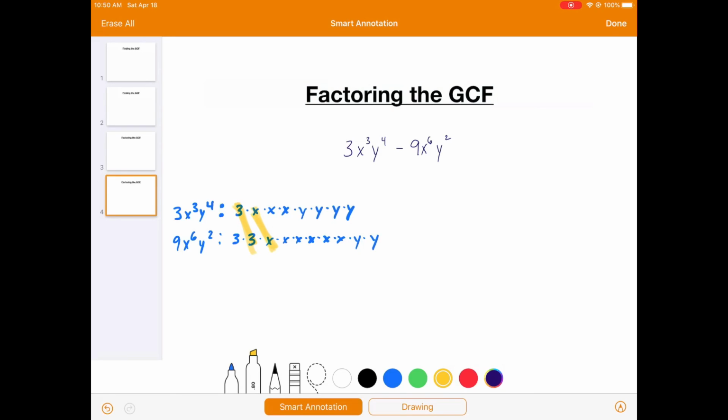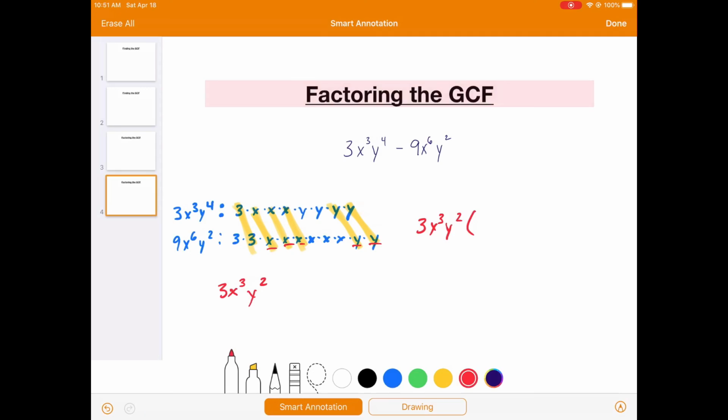We have 1, 2, 3 x's in both, and 1, 2 y's. So our greatest common factor is going to be 3, there's 1, 2, 3 x's, so x cubed, and there's 2 y's, so y squared. So that is what's going to go on the outside of our parentheses.